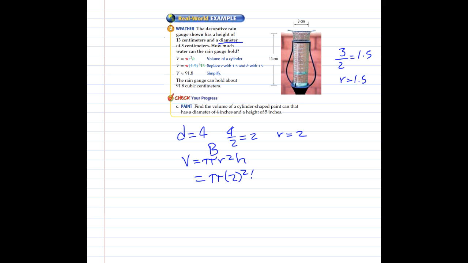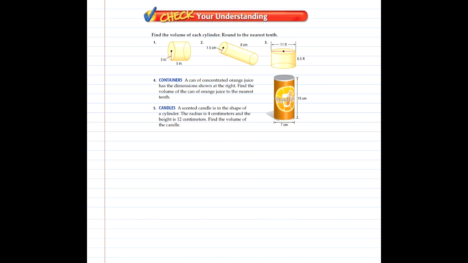So it's pi times my radius squared, which is 2, times my height, which is 5, gives me a volume of 62.8318, which we're going to round to 62.8, and in this case, it is inches cubed.